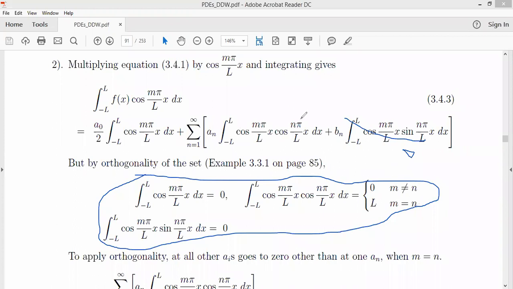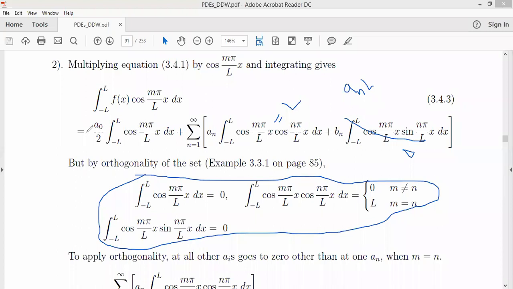So if m is n, here you're going to get cos squared, implying that the whole of this integral here will give us L, meaning we will get An L. And once we get that on the right hand side, we make this Fourier coefficient the subject.